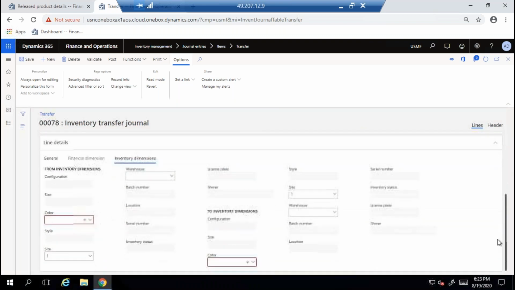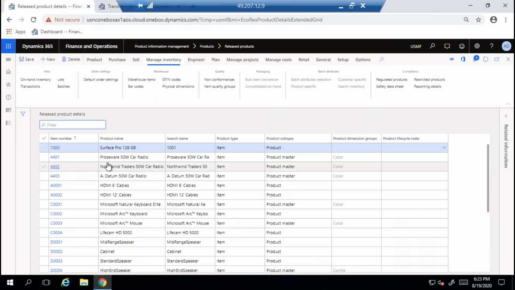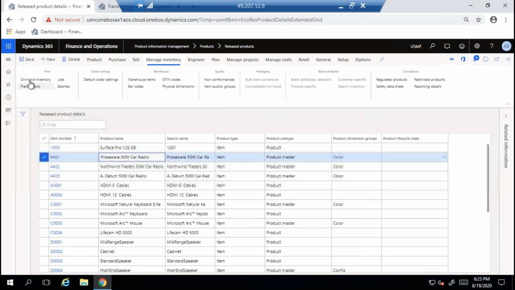Look at this one. I want to change from one color to another color. Let me verify the stock here, 4401 on hand inventory.